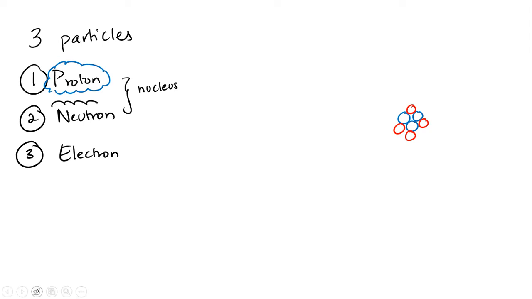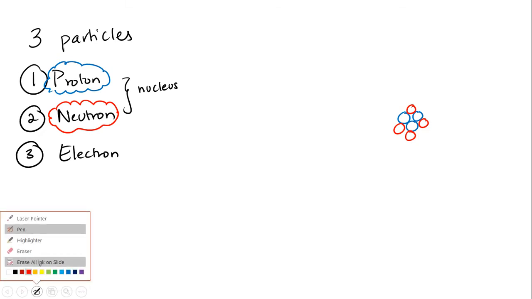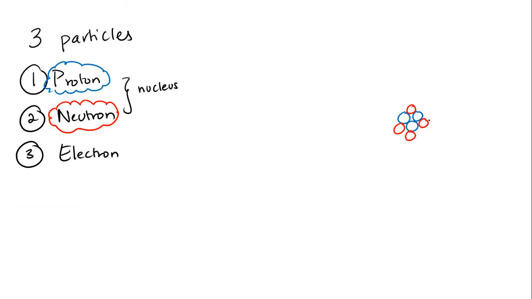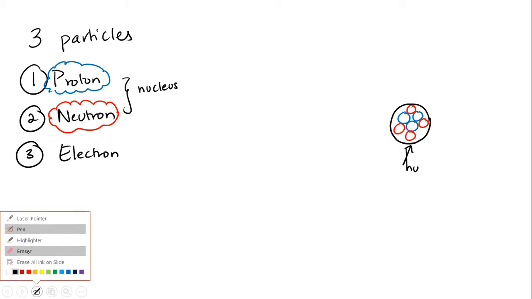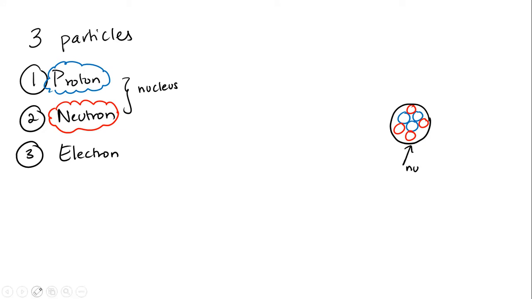So protons are blue and neutrons are red. Those particles are in the middle of the atom, and together this thing is the nucleus. This is the nucleus of the atom.